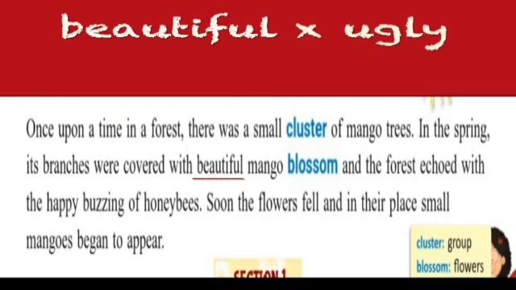Put a cross mark above and write its opposite as ugly. Beautiful, B-E-A-U-T-I-F-U-L. The opposite of beautiful is ugly. U-G-L-Y.